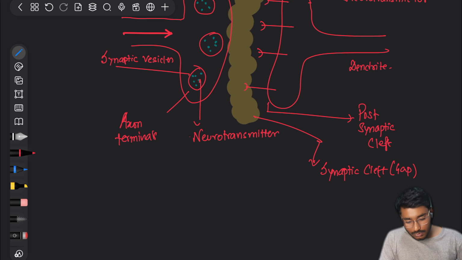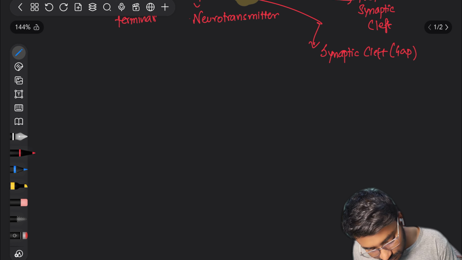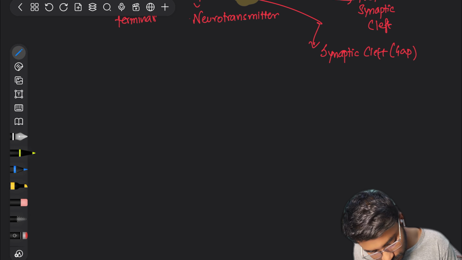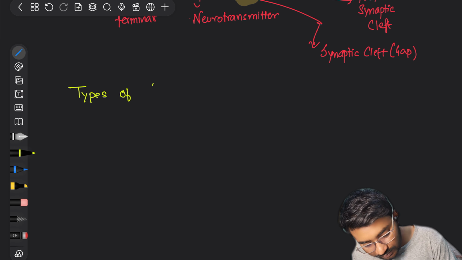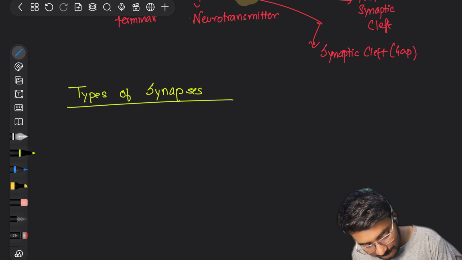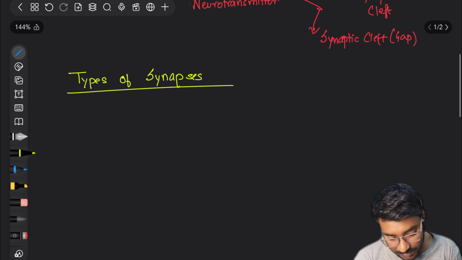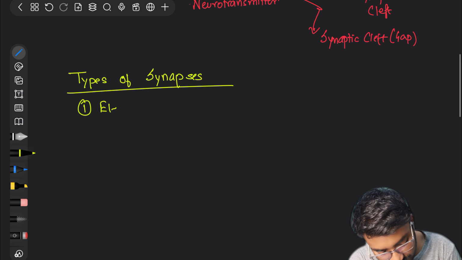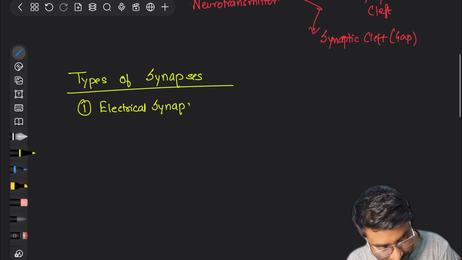There are two types of synapse. One is the electrical synapse, and two is the chemical synapse.